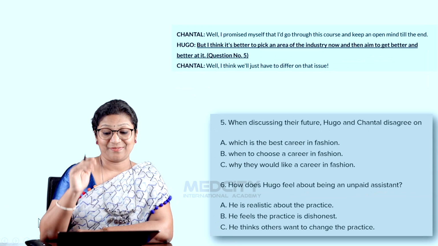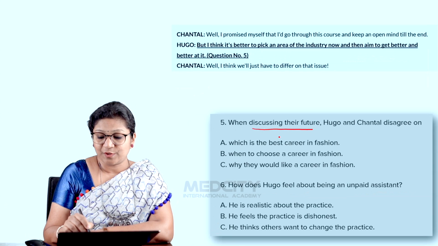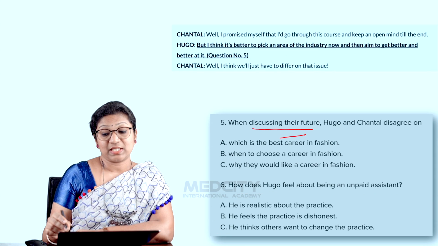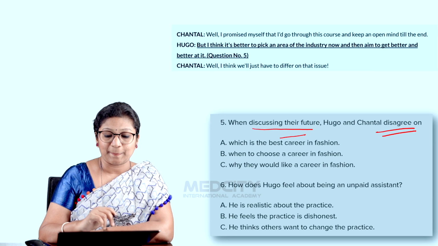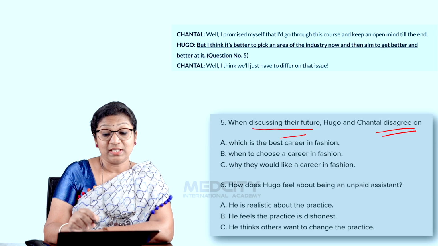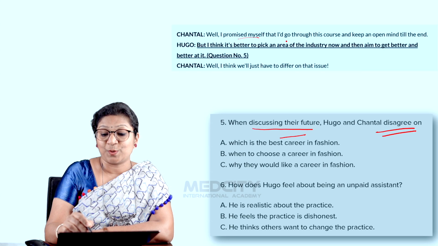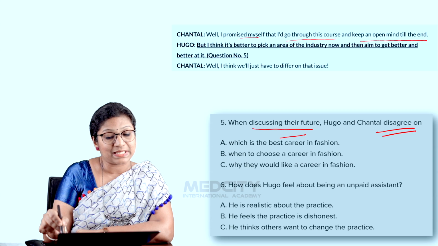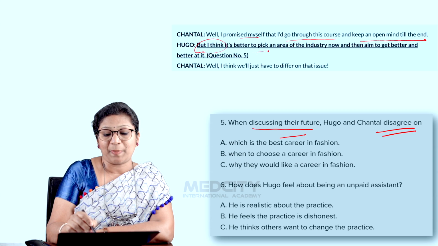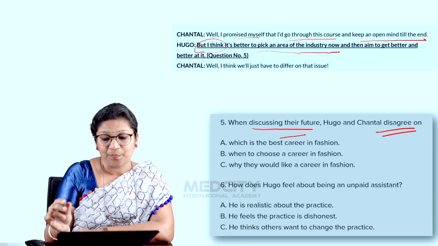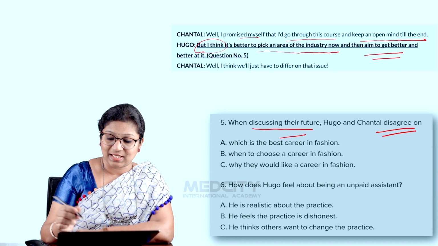Moving on to question 5. Discussing their future, Hugo and Chantal disagree on, not something that they agree on. What did they disagree on? So Chantal says, I promised myself that I'd go through this course and keep an open mind till the end. Hugo says, but I think it's better to pick an area of the industry now, aim to get better at it.